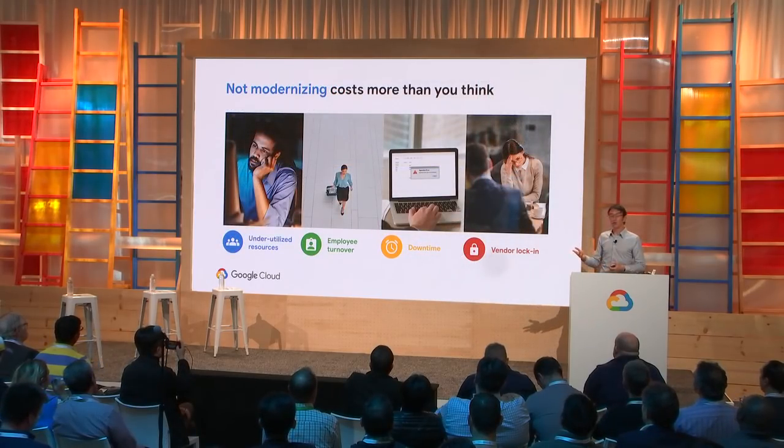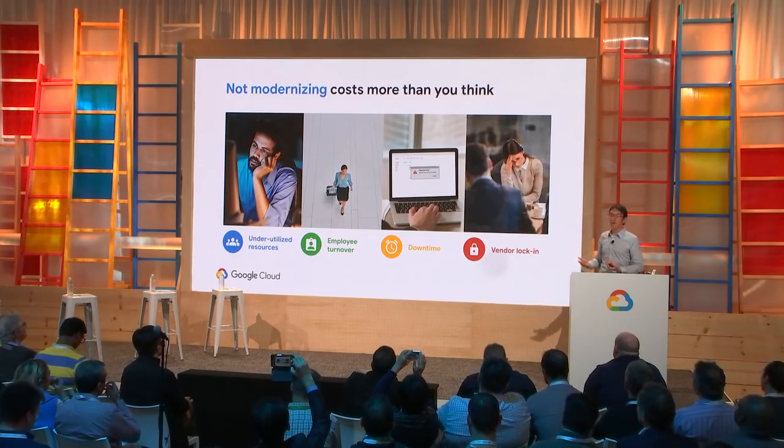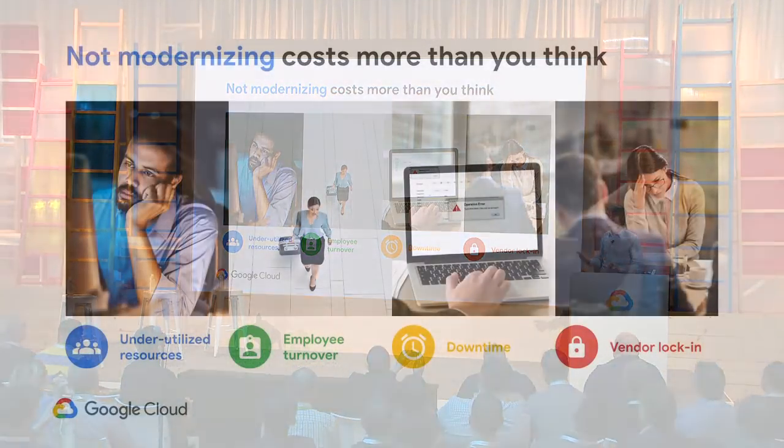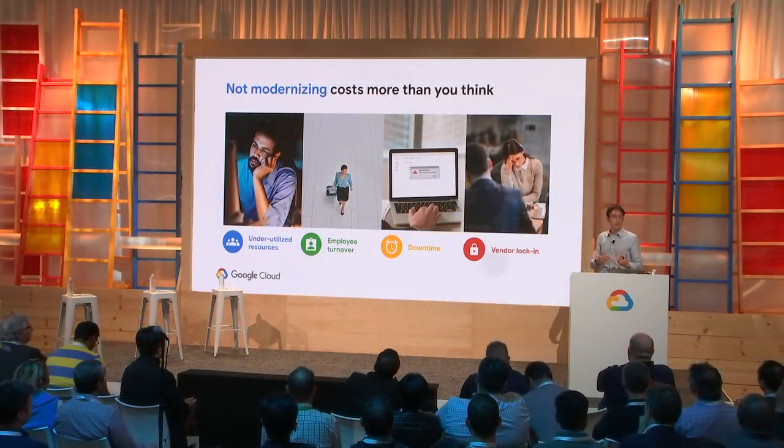And if you don't modernize, what happens? Well, you have underutilized resources, you have turnover, some people may go somewhere else, losing interest and so forth. Downtime, you have downtime as well because you're not more modern, you don't have 24/7 reliability, you have to have maintenance windows, you have to take downtime to upgrade, and so that's another part of not modernizing.